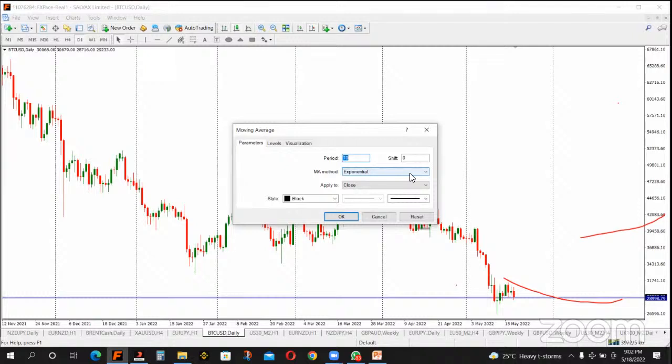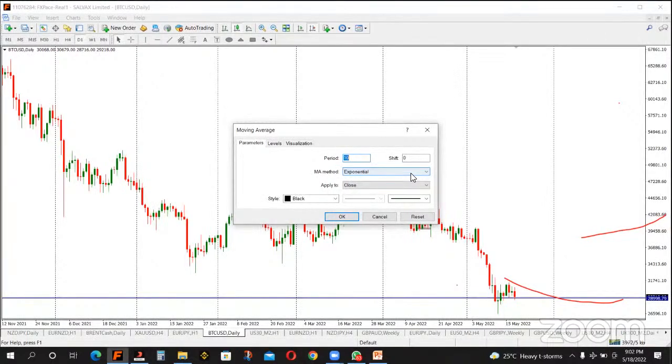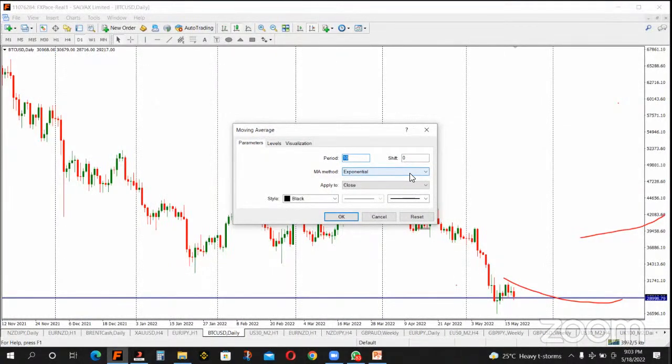These are the 4 moving averages. But of a truth, 99% of traders use the simple moving average and exponential moving average. If you plot all of them, the differences are not much. It's something negligible.